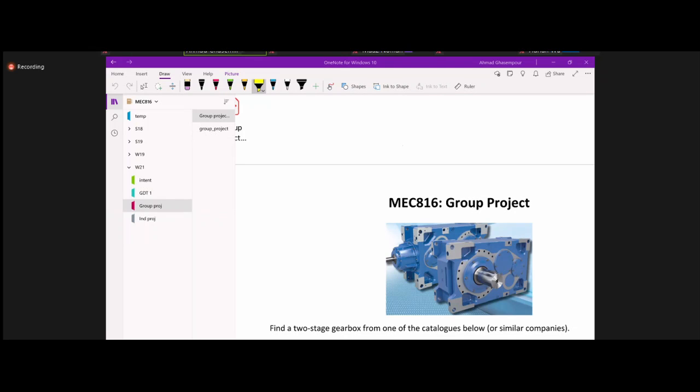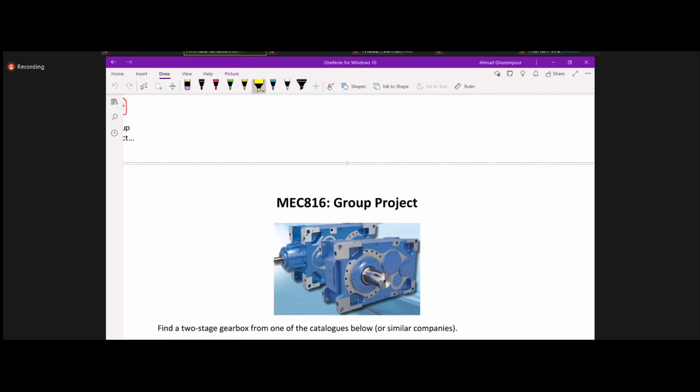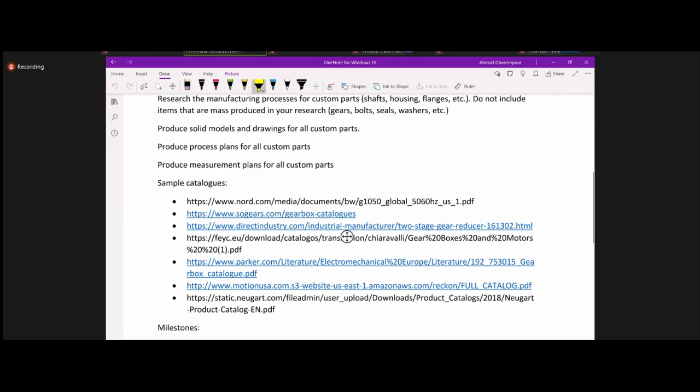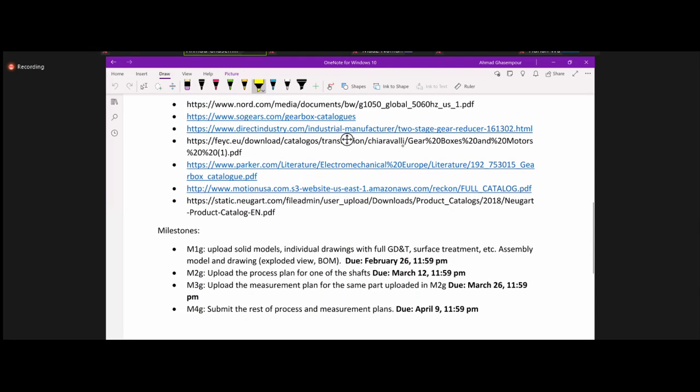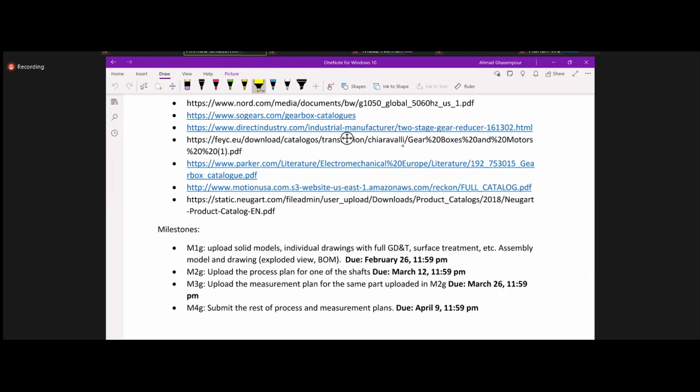As far as the timing, the first deadline for you is end of February, basically. That should give you enough time to do the modeling and what's required for project one. When we get closer to the second, third, and fourth milestone, I'll discuss a little bit more.